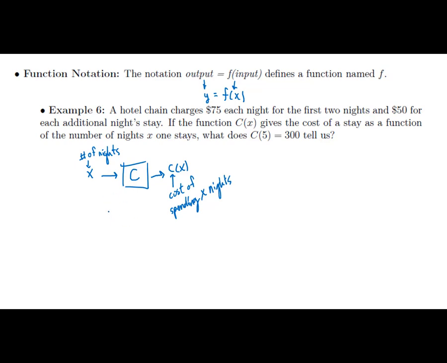Okay, so I think this diagram is really helpful to envision what we're inputting and what is being output. So when they say c of 5 is equal to 300, we know that 5 is x, or the number of nights. And so then, since c of x is the cost, when we say c of 5 equals 300, we know 300 is the cost. Okay, so putting all this together, we can see 5 is the number of nights, 300 is the cost.